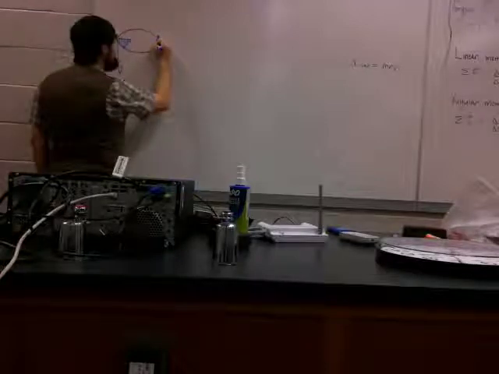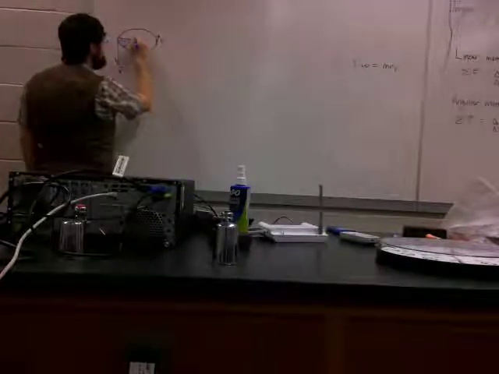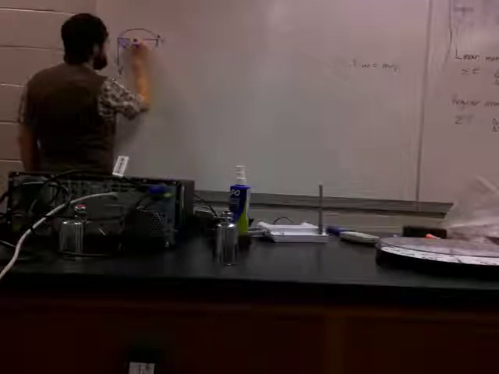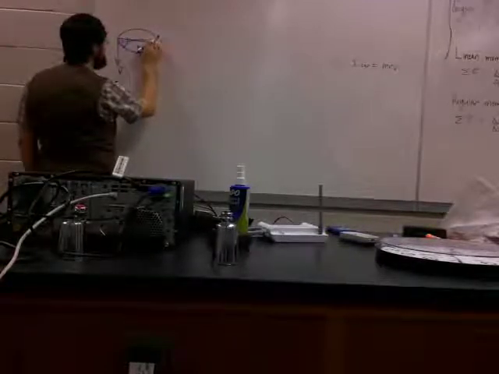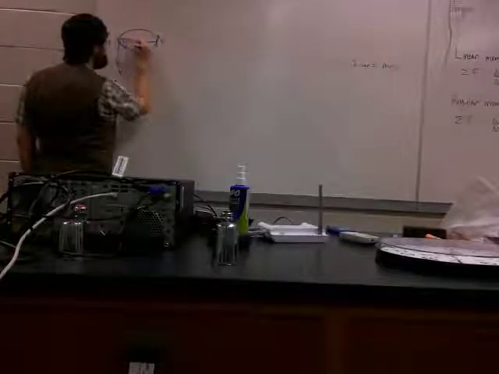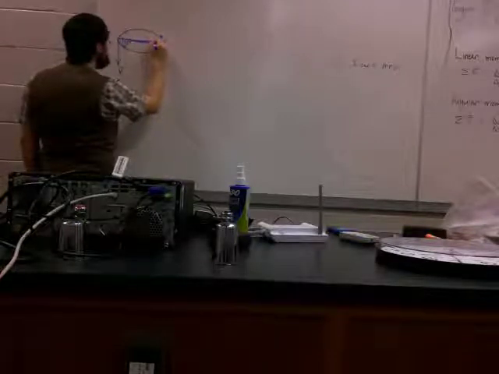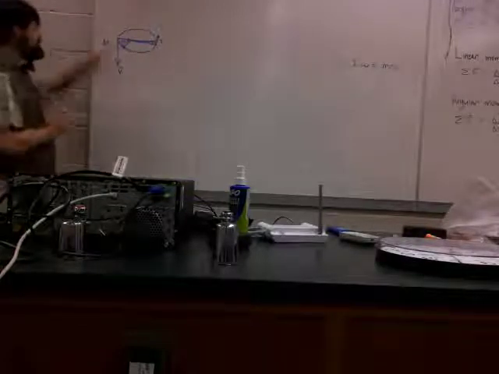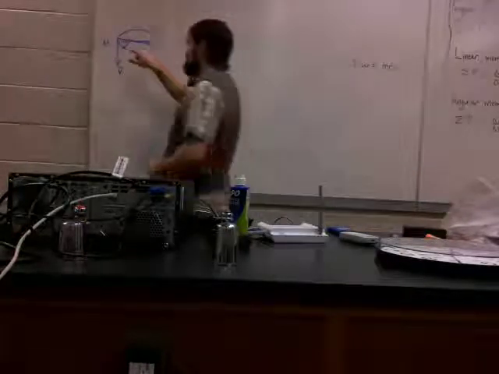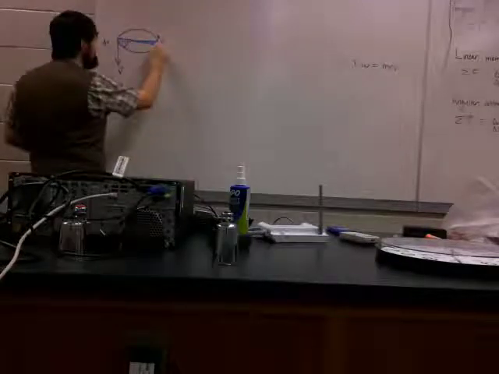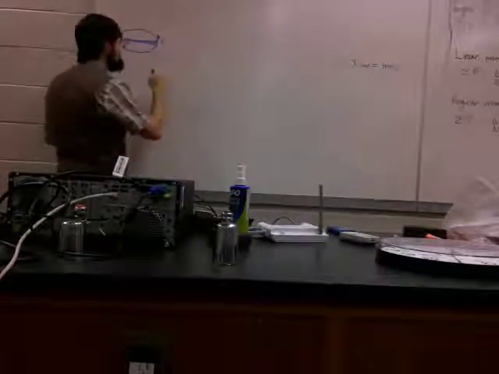So in the same delta t, maybe it moves from here to here. And it turns out that this area and this area right here, according to Kepler's second law, must be equal if the time it took to move from here to here and the time it took to move from here to here are the same.